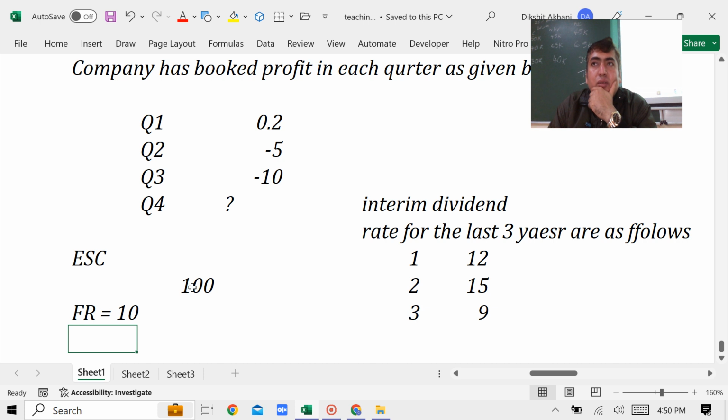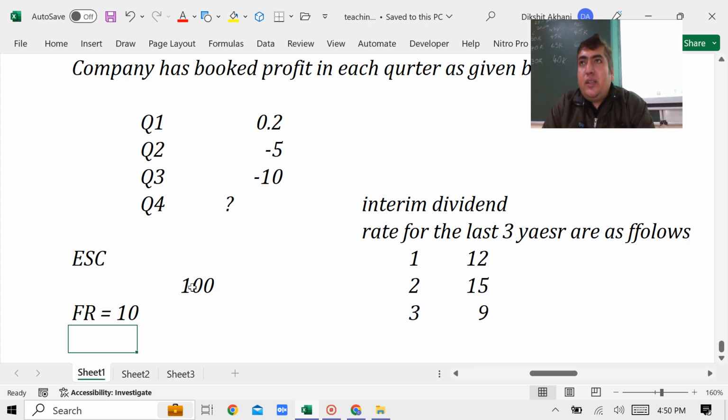Let me tell you, current year profit we can say is almost about zero, because only point 2 and we cannot predict about quarter 4. We do not know. If you want to go for the interim dividend, the first question is what is interim dividend.